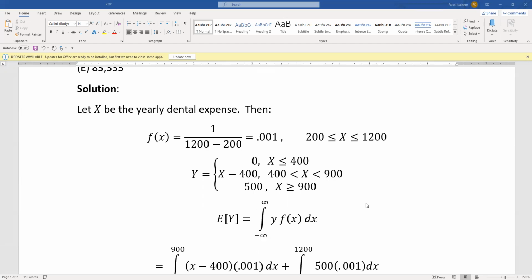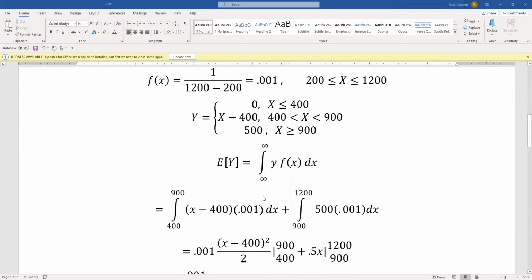Nothing is gained as long as x is less than or equal to 400 in this integral, because y is 0, so this part would be 0. But when x is between 400 and 900, then y is x minus 400, and f of x is always 0.001.